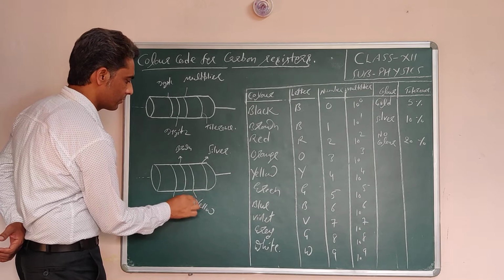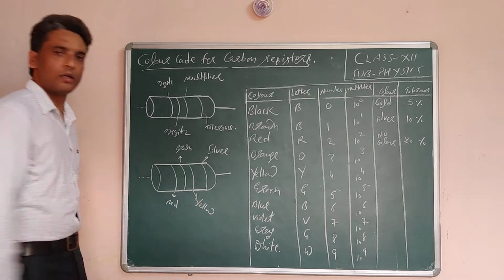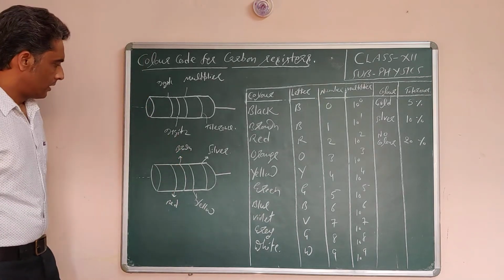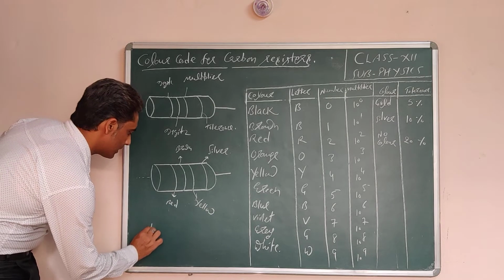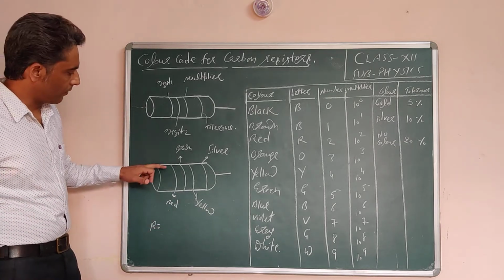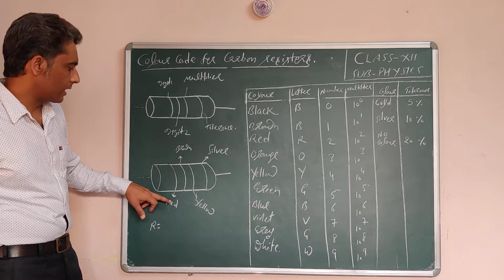Now what will be the resistance of this resistor? So we will use color coding for writing the resistance of this resistor. If R is the resistance, then R is equal to: the first digit will be for this first band and its color is red.